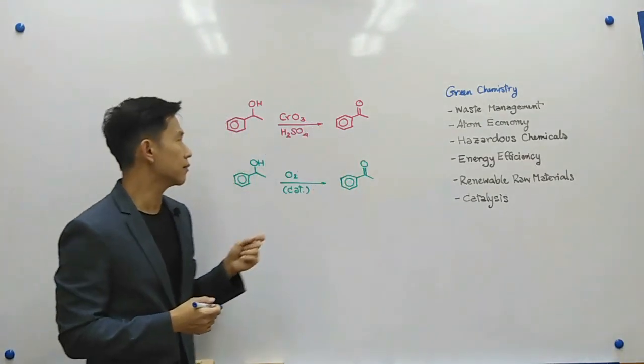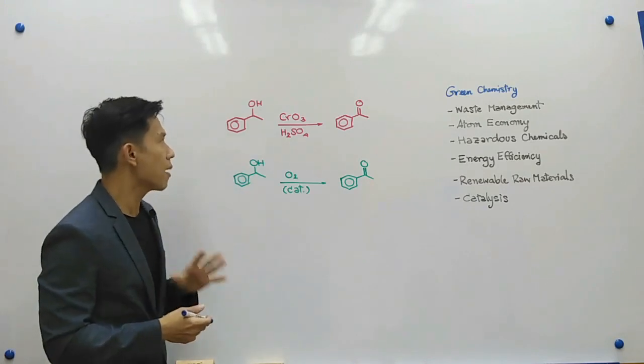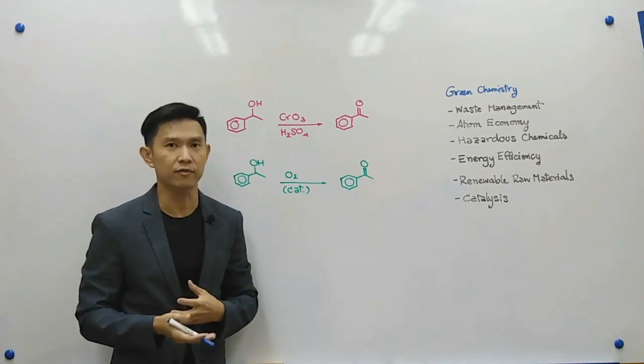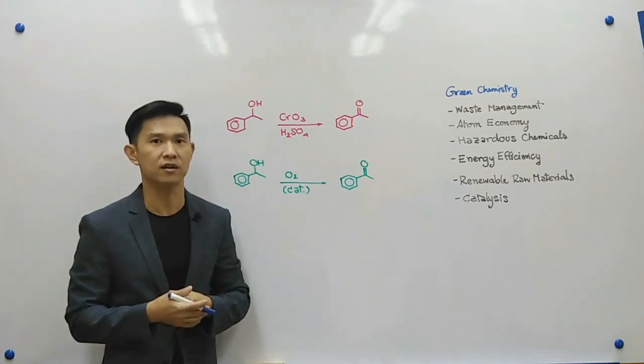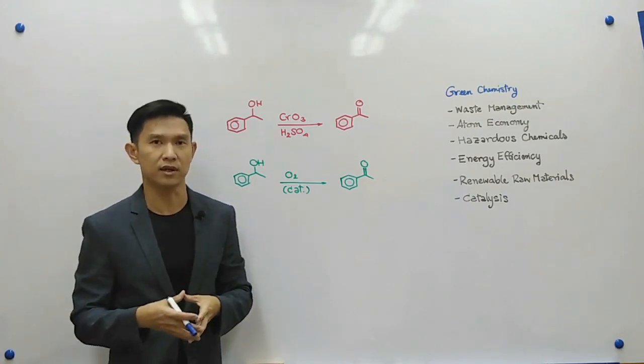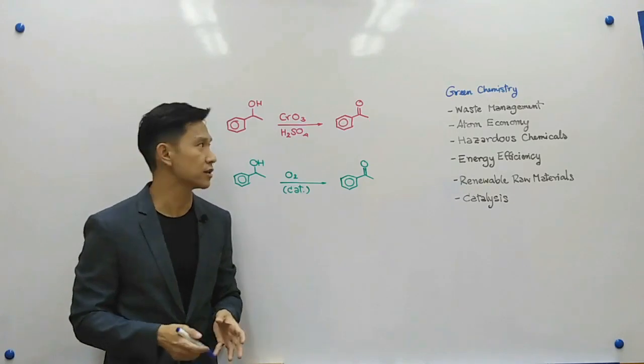So this is the conventional one, which is very simple, but it includes some chemicals that are quite toxic, and you need waste management in order to get rid of the byproduct from the reaction.